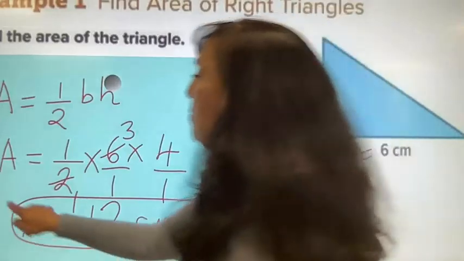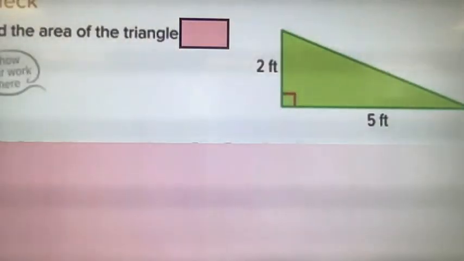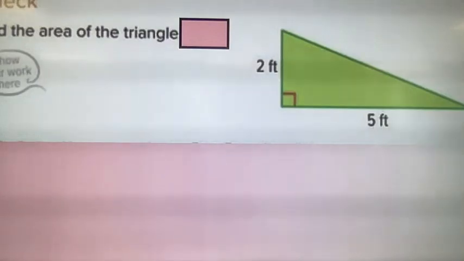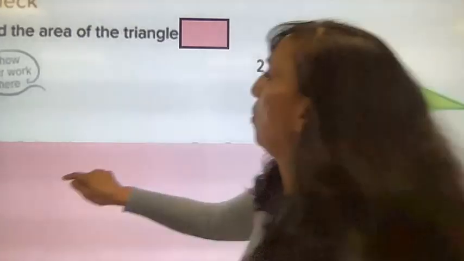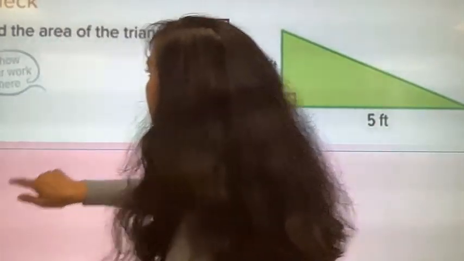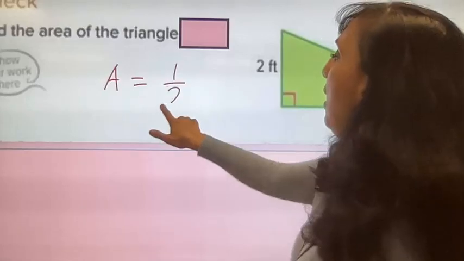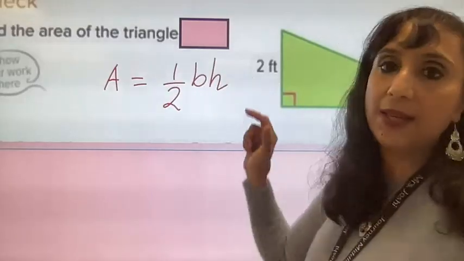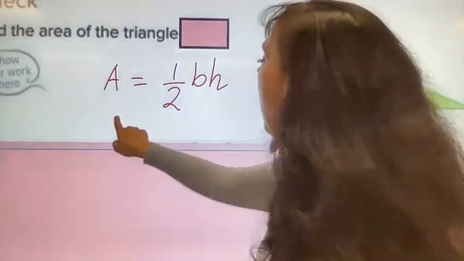So let's do another problem quick. And let's look at this one. Finding the area of this triangle. Once again, the base and height are given. So the area of the triangle is 1/2 base times height. My base is given to me as 5.